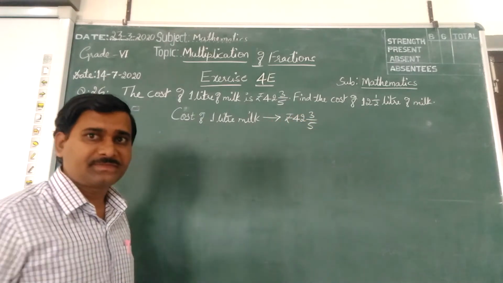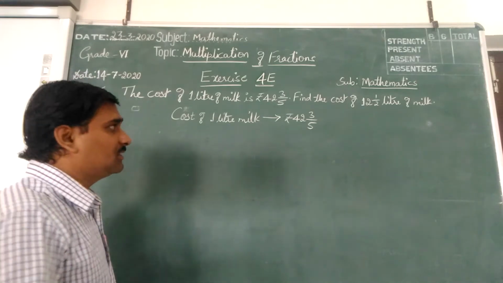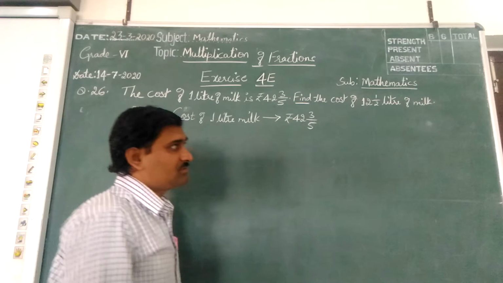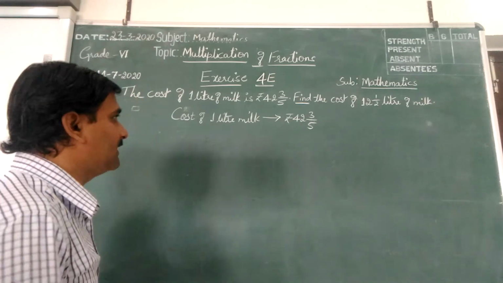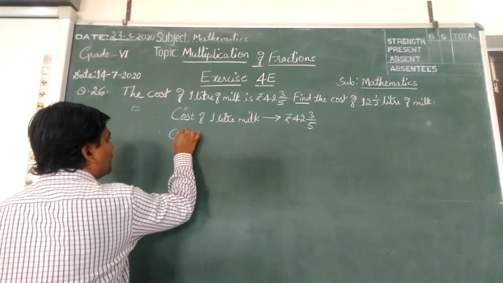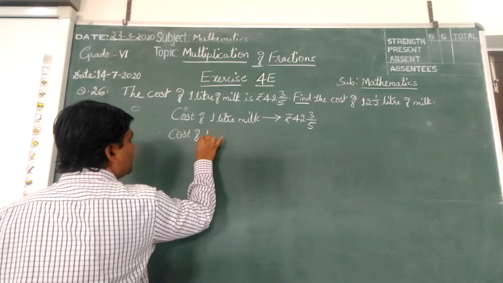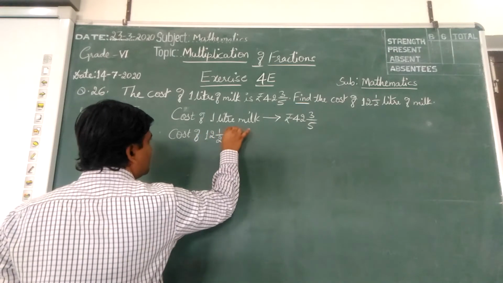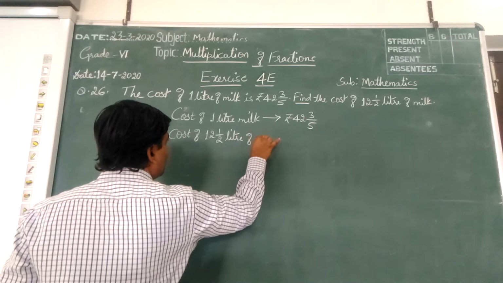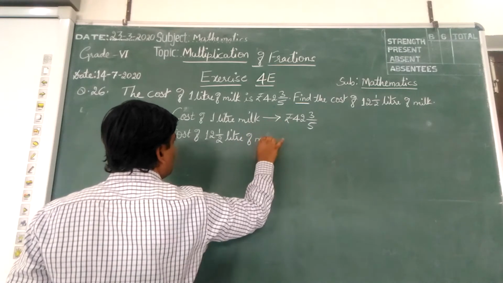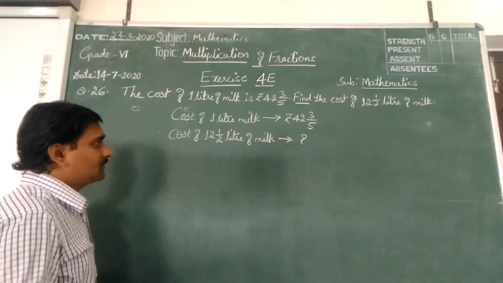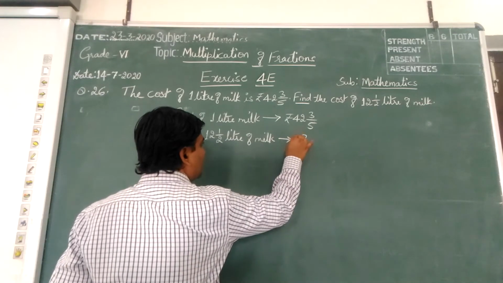This is given. And the question is what? Find the cost of 12.5 liter milk. That is, we should find the cost of 12 1/2 liter of milk. This is, we have to find out how much cost.